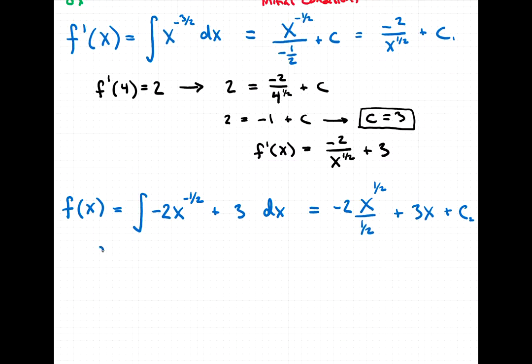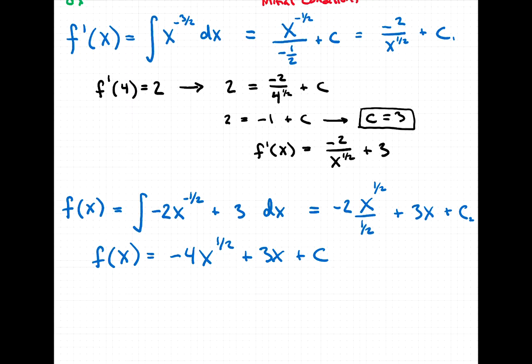So our function is going to take the form of -4x to the 1/2 plus 3x plus c.